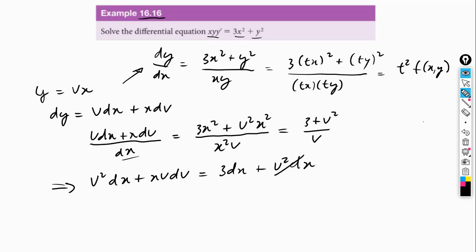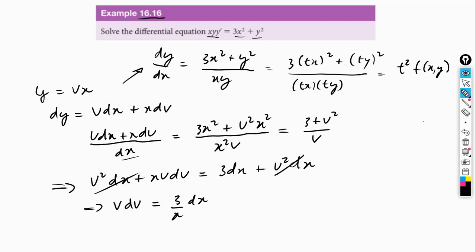So notice that this and this will cancel out, and now we can separate the variables further, and we're going to get that v dv is equal to 3 over x dx.